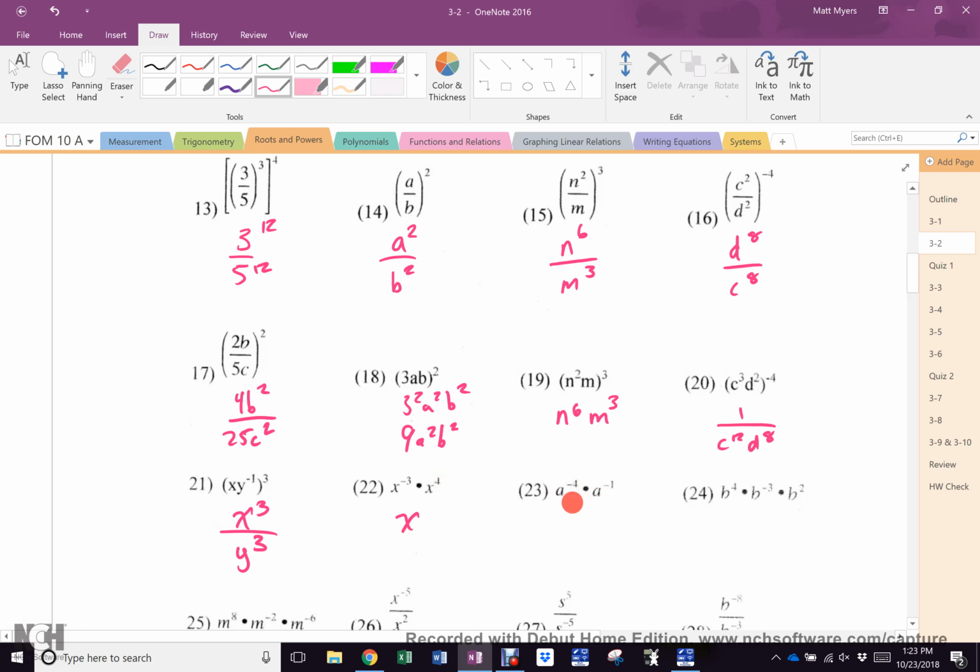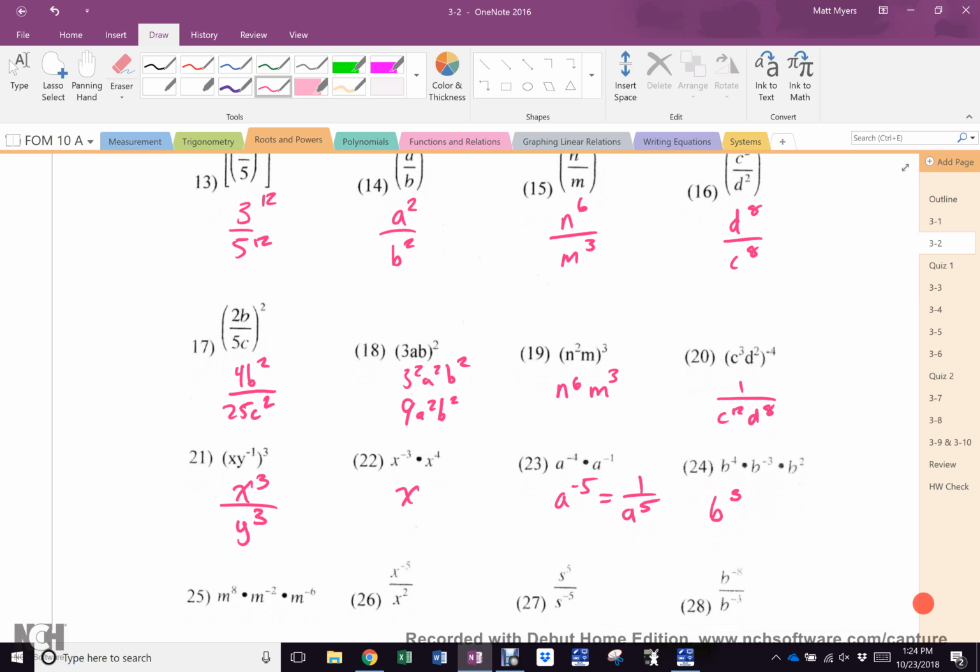And 23, Javon. -4 plus -1. Right, but negative exponents aren't allowed, so it is 1 over a to the 5th. 24. Haram, do you have an answer for me? B cubed. Absolutely correct. Any questions about those 12?